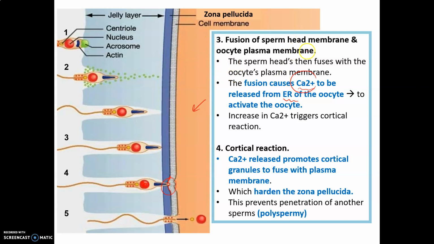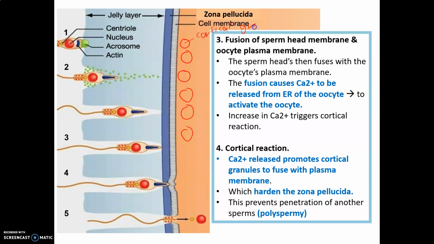Apa kepentingannya? Kalsium ini, the increase in calcium, dia akan trigger the next reaction yang kita panggil cortical reaction. Apa itu cortical reaction? Cortical reaction ini basically dekat bawah ni, gambar tak tunjuk, tetapi dekat plasma membrane, betul-betul di bawah, berdekatan dengan plasma membrane of the secondary oocyte, akan ada what we call cortical granule.